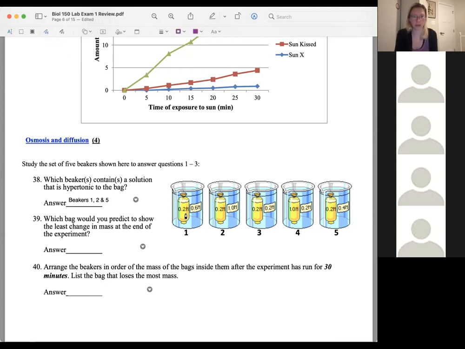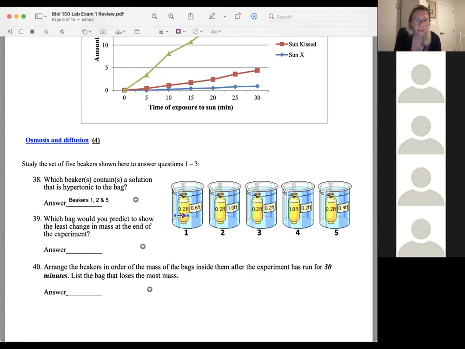Correct. Yeah. Okay. So let's draw some arrows. Let me see if I can make this smaller.